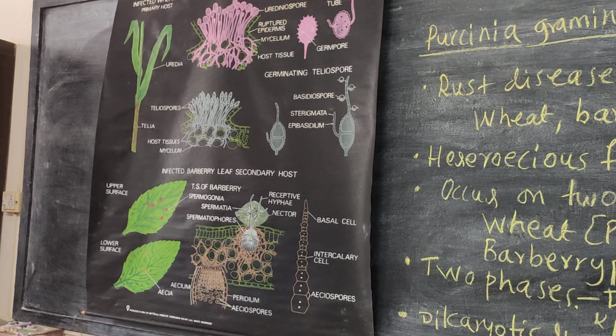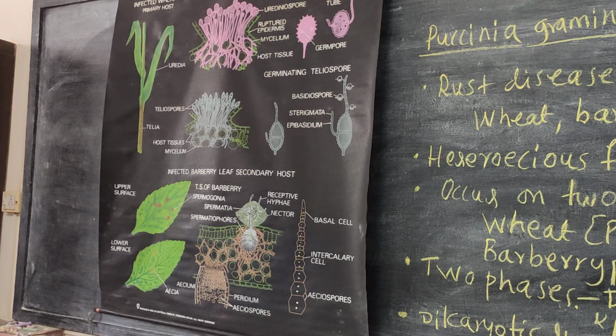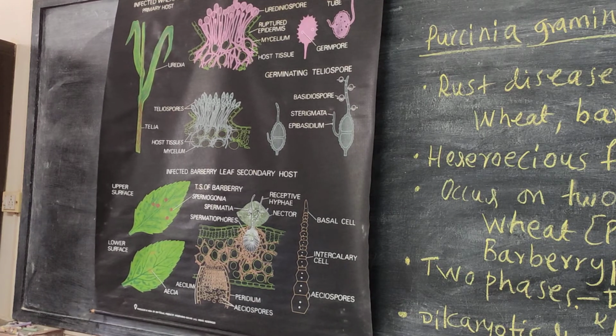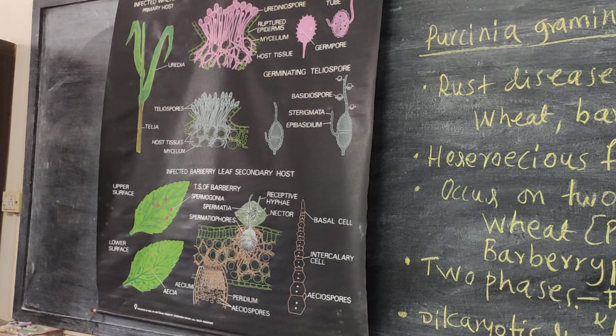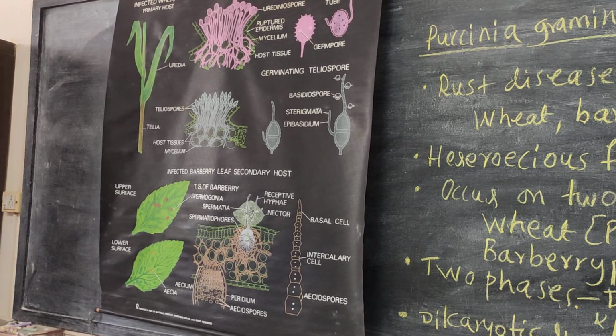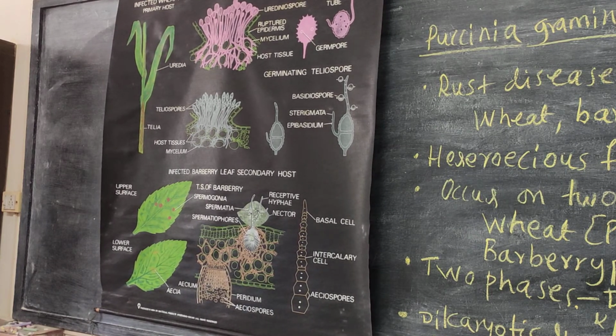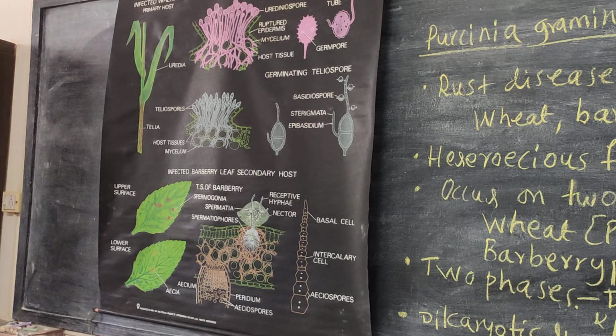The urediniospores germinate on the wheat plant. Each urediniospore produces one or more germ tubes through the germ pores.